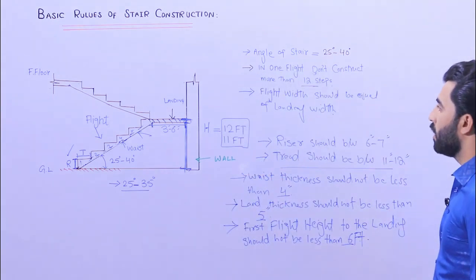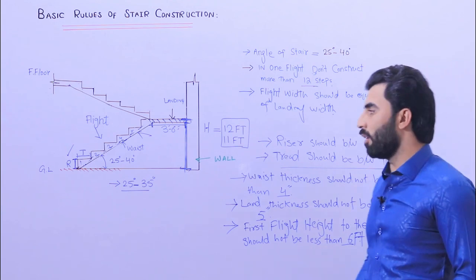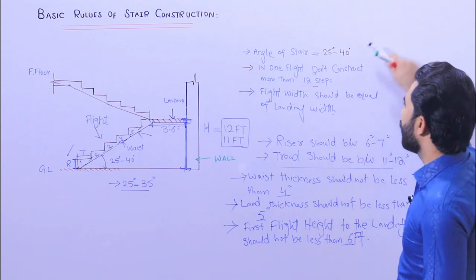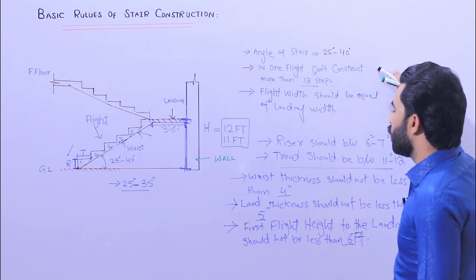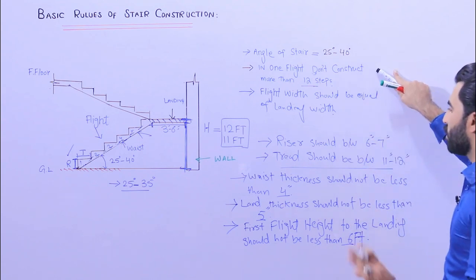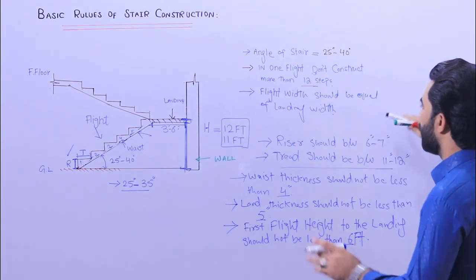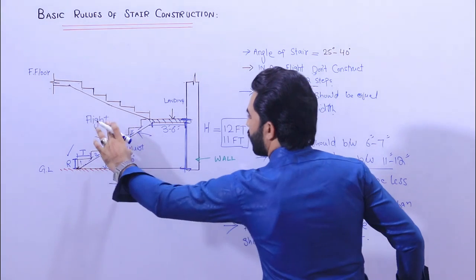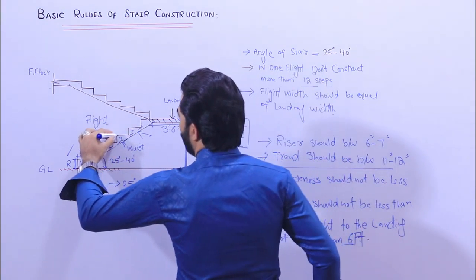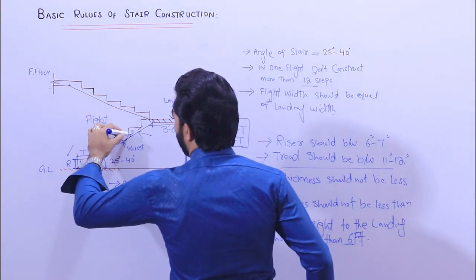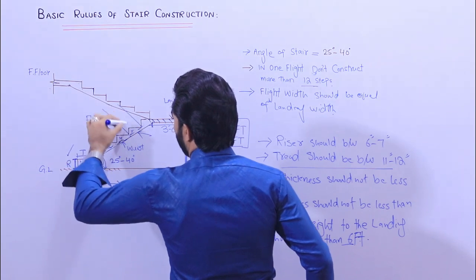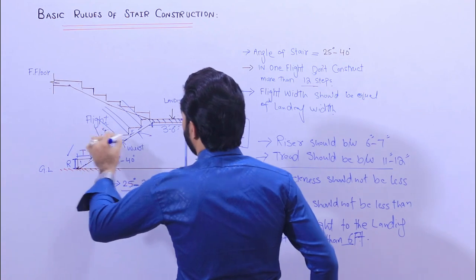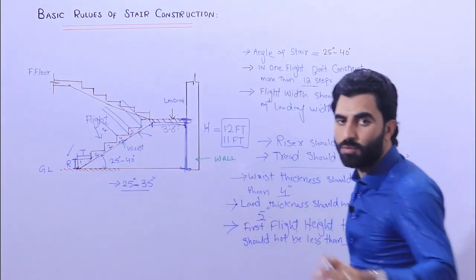So guys, these are the basic rules and regulations of staircase for a normal residential building or commercial building. Angle of staircase, in one flight don't construct more than 12 steps. Flight width should be equal to the landing width. For example, if the width is 4 feet, the landing width should also be 4 feet.